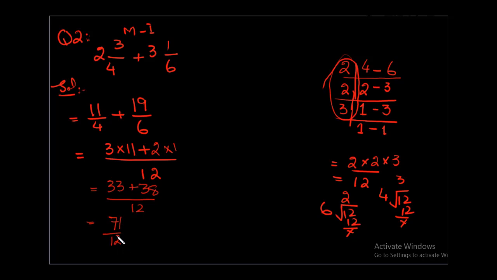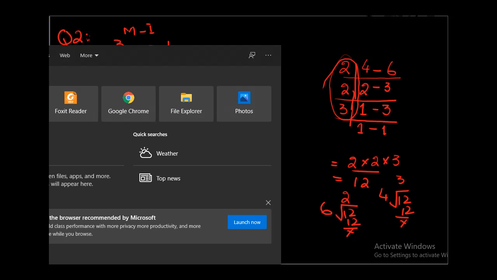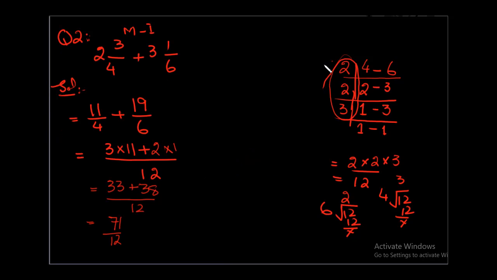As I told you before, whenever we get this type of number, that is 71 by 12, we have to convert this type of question into a mixed fraction. So I would like to divide 71 by 12.